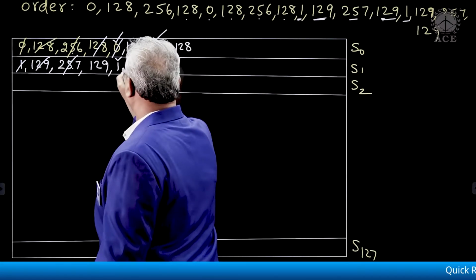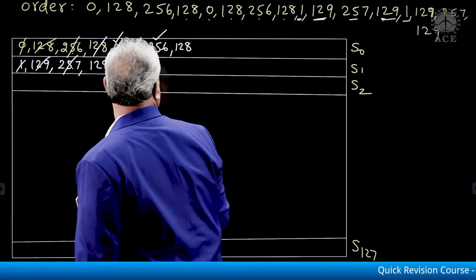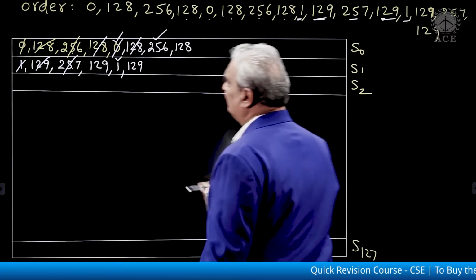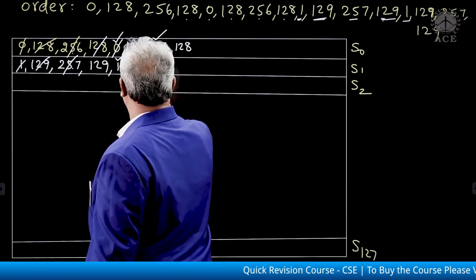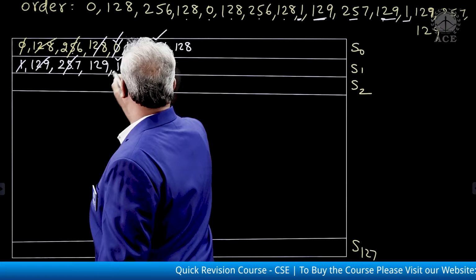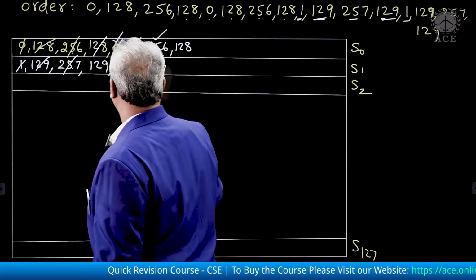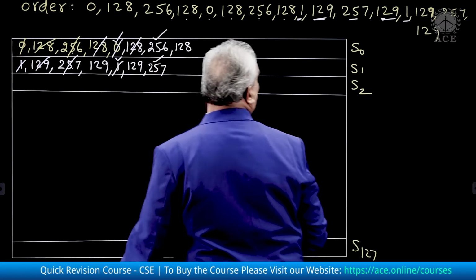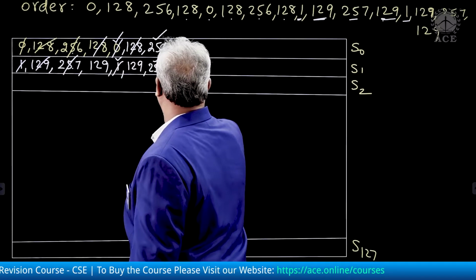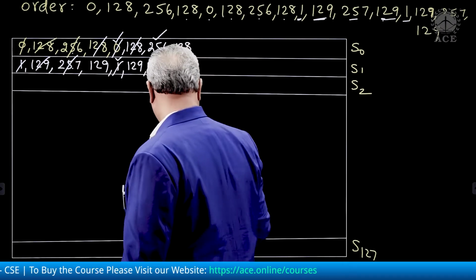Later, 129 already there, hit. Next, 257 not there. That's why 1 is replaced with 257. So it is a conflict miss. Next 129, hit. So that is the first time.